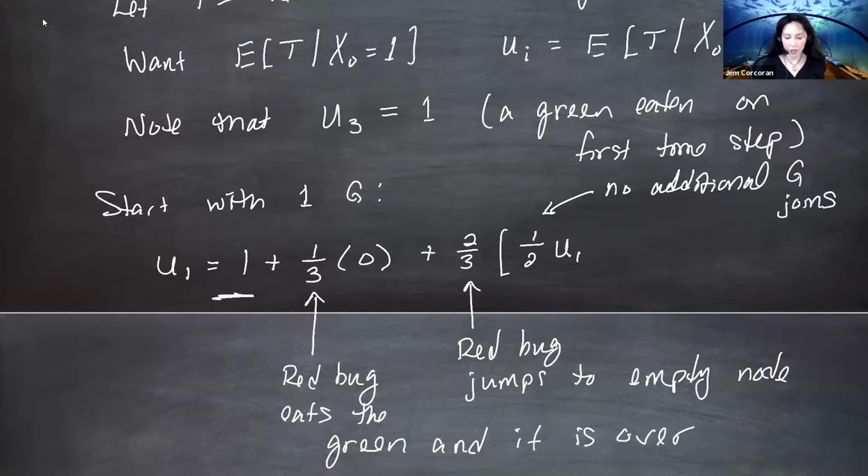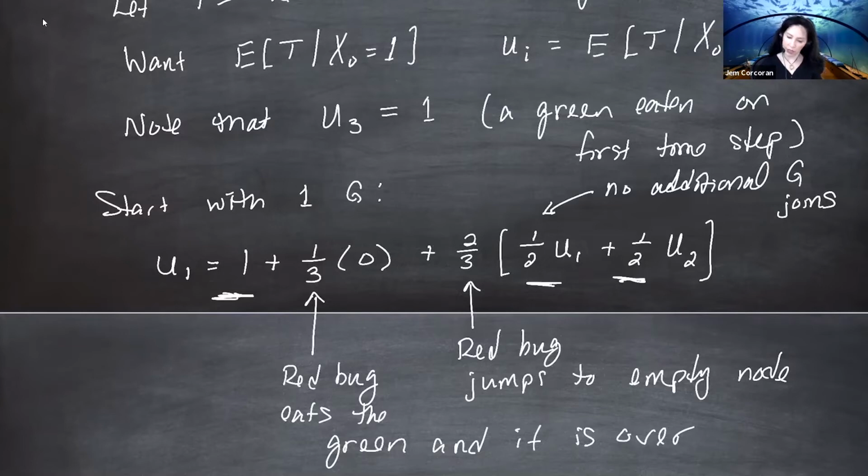So we have the initial jump, and then this is us starting over, assuming no extra green bugs join the grid, and also assuming that the red bug didn't catch the green bug. And then with probability 1/2, we want to figure out how many time steps it takes for the red bug to catch a green bug when they start with 2 on the grid, because with probability 1/2, another green bug joined the grid. And so now we have a red and 2 greens and are starting over.